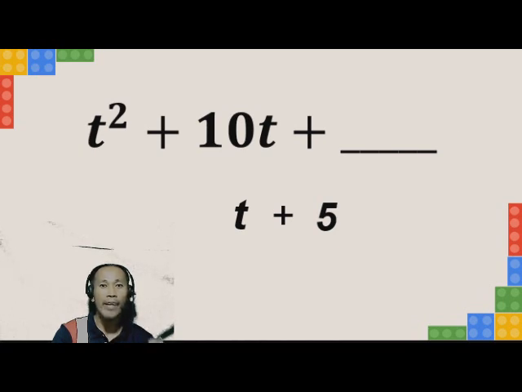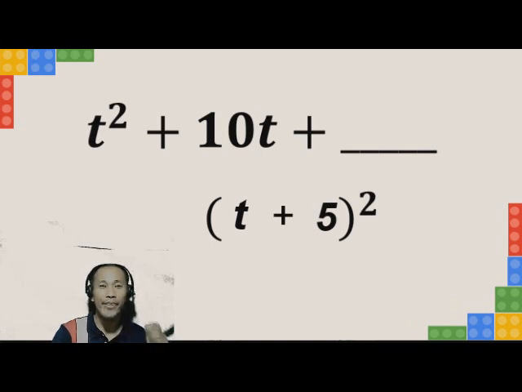So we have 5 multiplied by another 5. But first, we are going to complete our binomial. This is t plus 5 multiplied by another t plus 5. So that could be written as t plus 5 quantity squared.